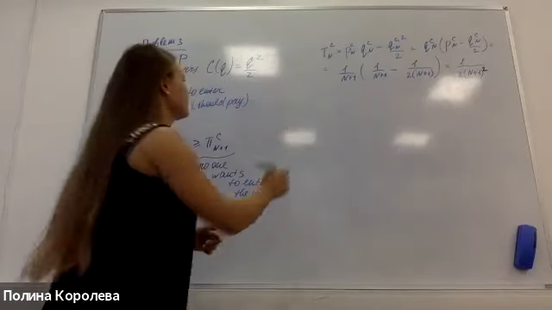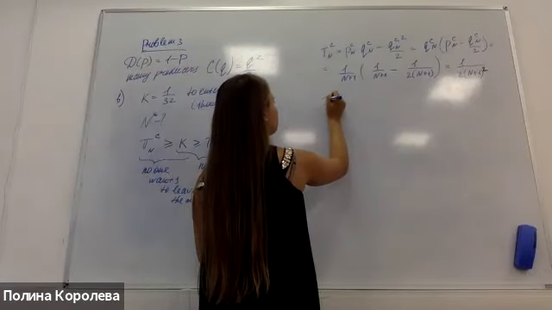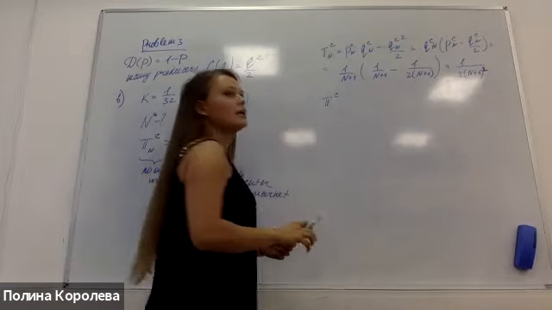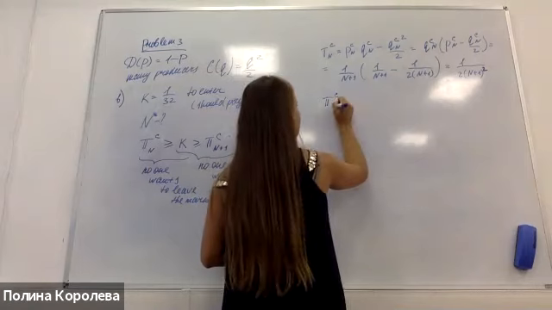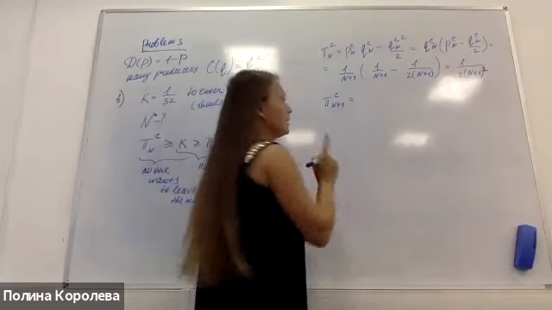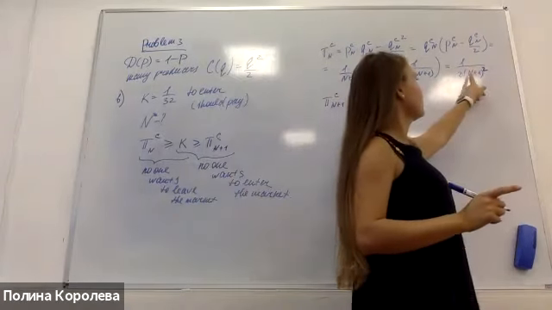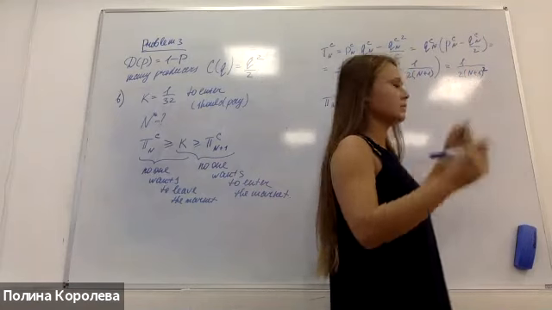Then, what will be the profit of a competitive firm if there are n plus 1 firms in the market? Easy. Here we should write not n, but n plus 1.